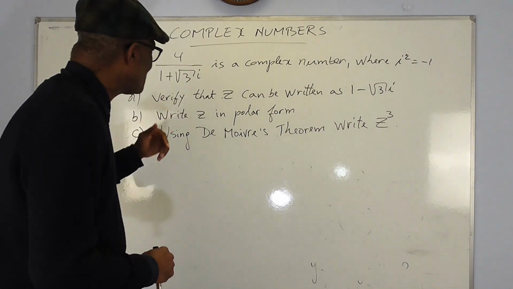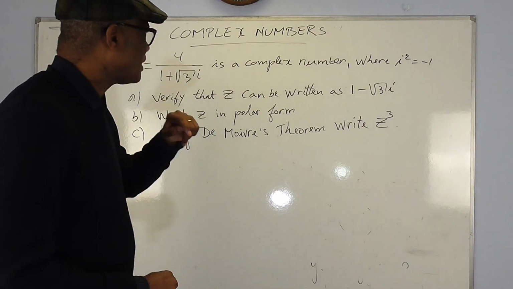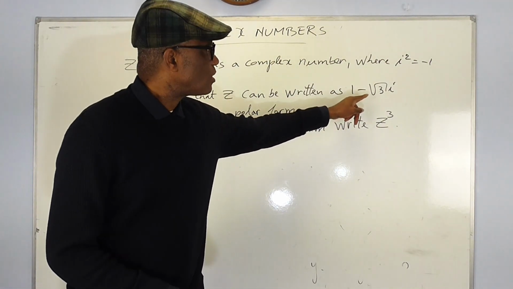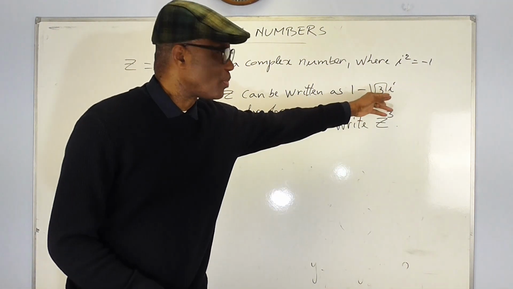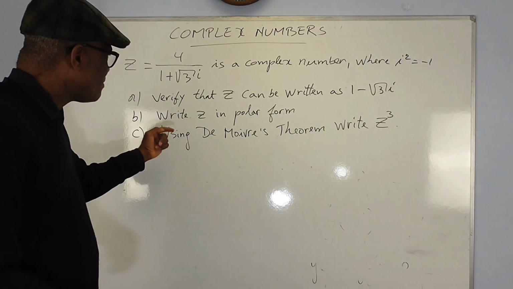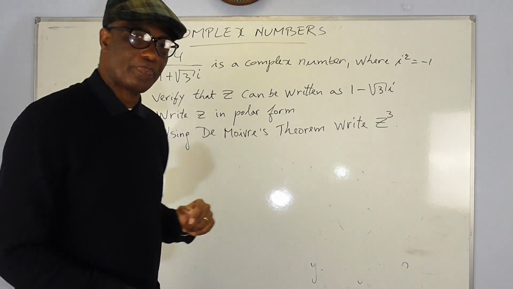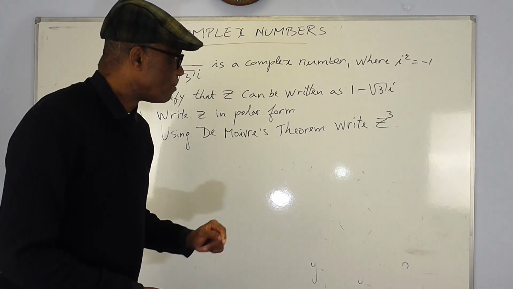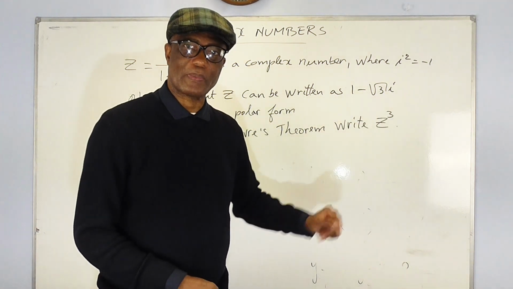We have been asked to verify that Z can be written as 1 minus square root of 3 i, and I repeat, the i is outside the square root. And we have been asked also to write Z in polar form. Using De Moivre's theorem, write Z to the power 3.